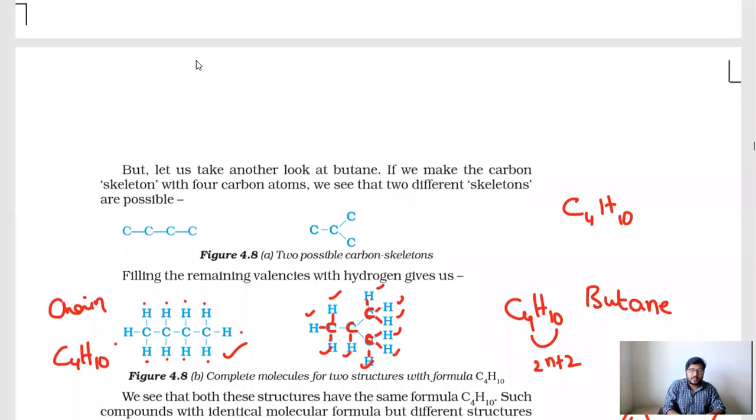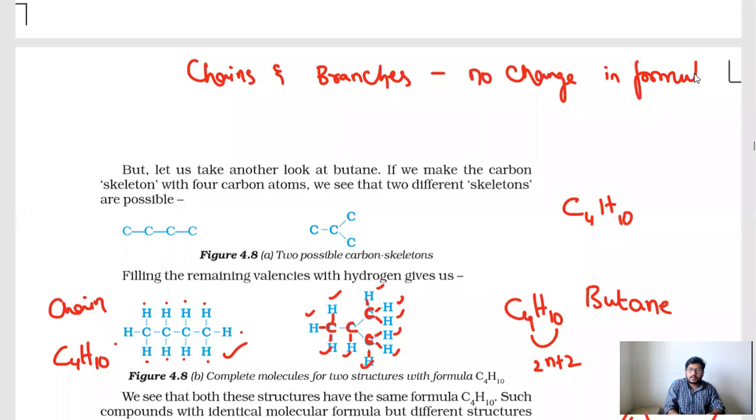Here I will write: for chains and branches, there is no change in formula. But if it is cycloalkane, cycloalkane means cyclomethane, cycloethane, cyclopropane, like that, the formula will change.